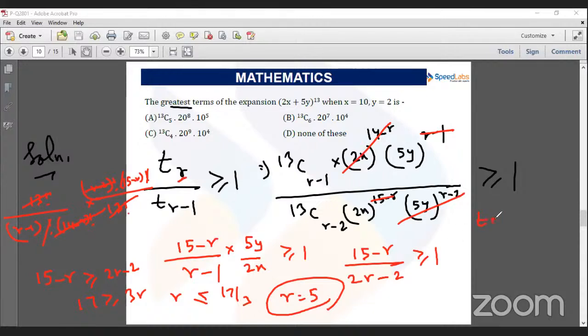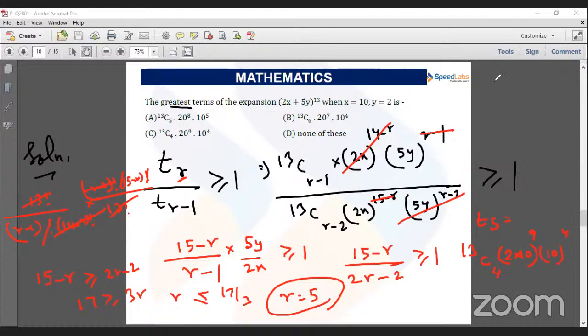So the value of t5 is equal to 13C4 into 2 into x, which is 10, so 20, power 14 minus r, which is 9, and 5 into y, which is 10, again 10, power 4.